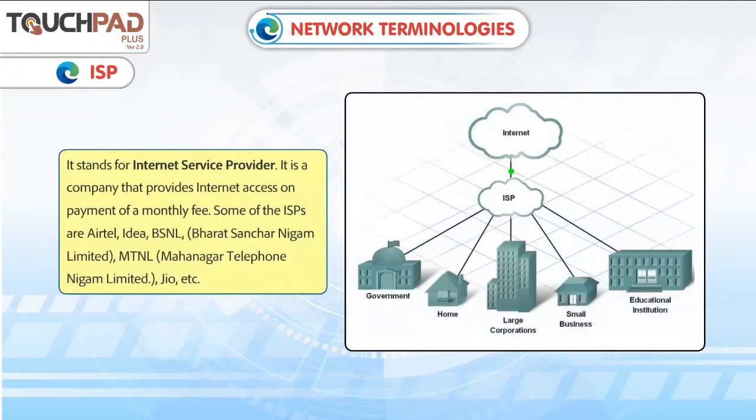ISP. It stands for Internet Service Provider. It is a company that provides internet access on payment of a monthly fee. Some of the ISPs are Airtel, Idea, BSNL, that is Bharat Sanchar Nigam Limited, MTNL, Mahanagar Telephone Nigam Limited, Jio, etc.